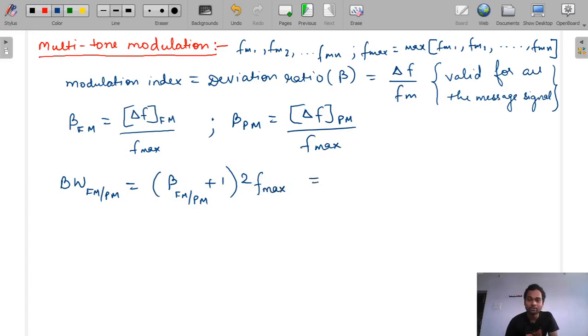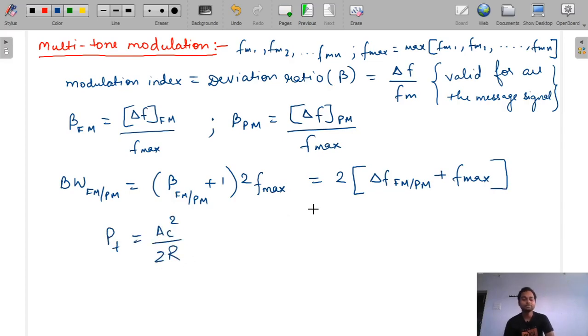After substituting beta as delta f by f max, the f max and f max cancel, and the final formula for the bandwidth is delta f of FM or PM plus f max. Okay, up to this is clear, and the total power is given as Ac square by 2R, same in FM or PM signal. So this was just a small concept. Let's solve one question.